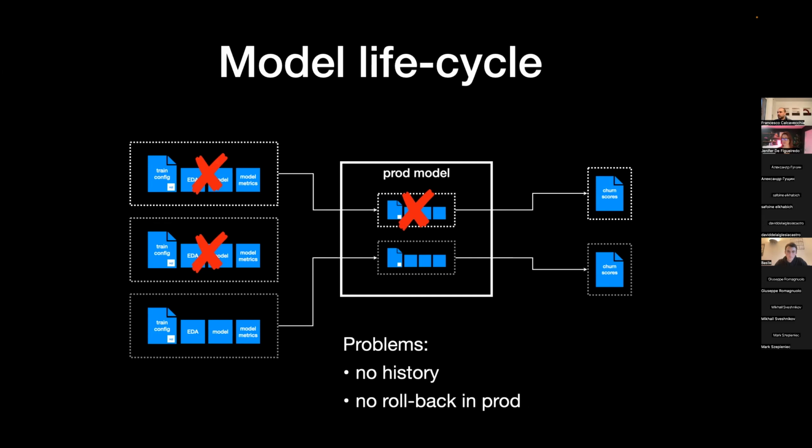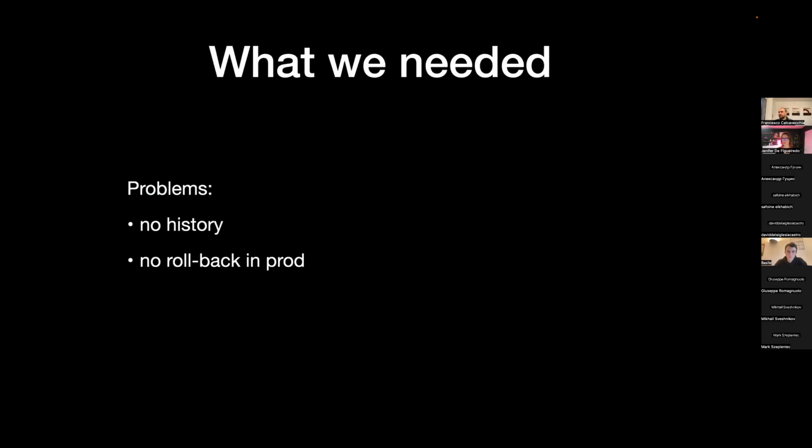Okay. So then given this problem, how to solve them? I think, again, it's rather obvious. So no history, maybe you want to version. And here in this case, I also thought, hey, maybe since we are versioning and we are doing it from scratch, maybe we don't version only the model, but also all the other outputs.